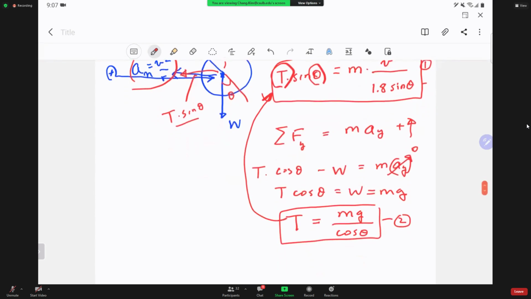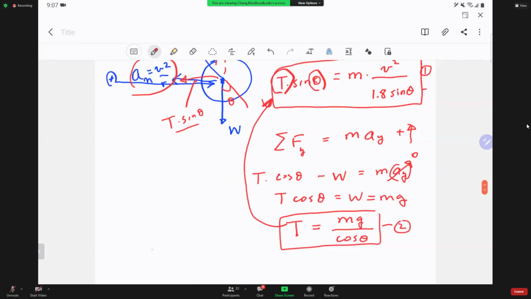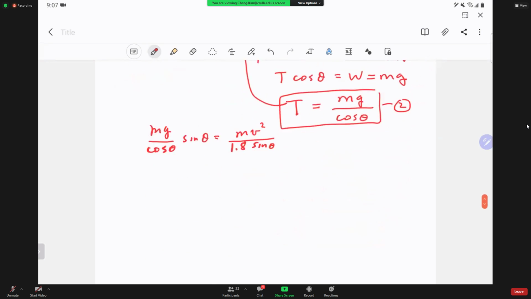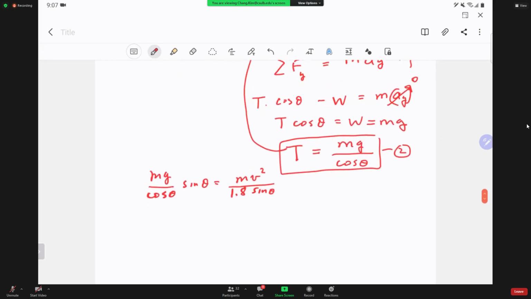So I can go ahead and substitute that in over there. Then it's going to be mg over cosine theta times sine of theta equal to mv squared over 1.8 sine of theta. Then you can just go ahead and solve for that. So I have sine squared theta equals v squared over 1.8 g cosine theta.